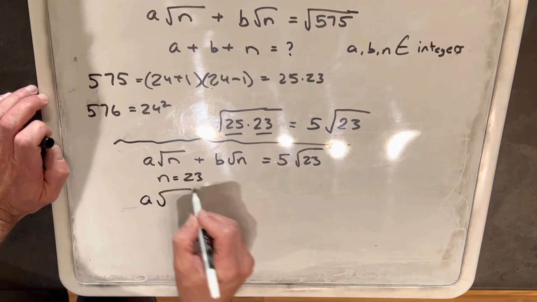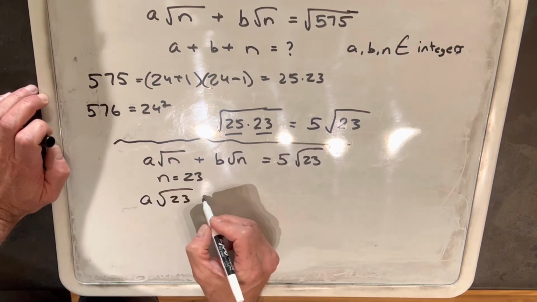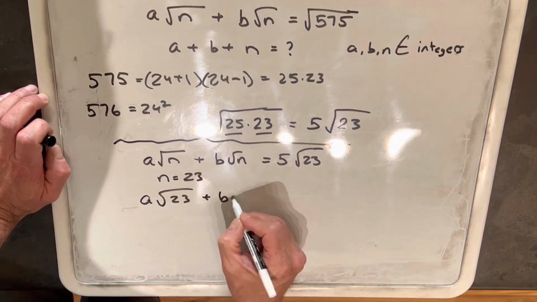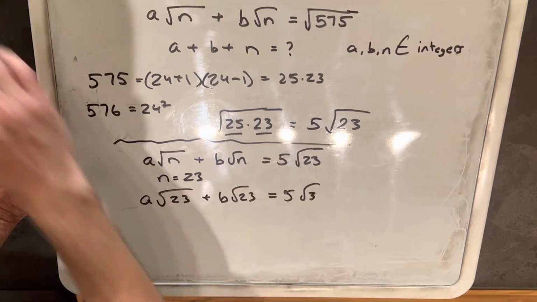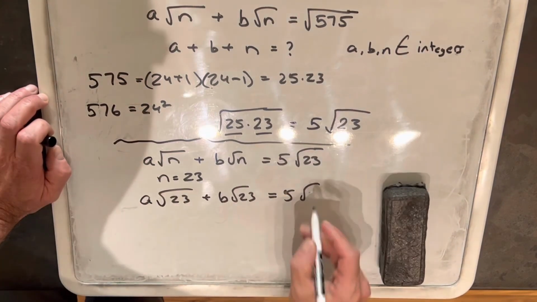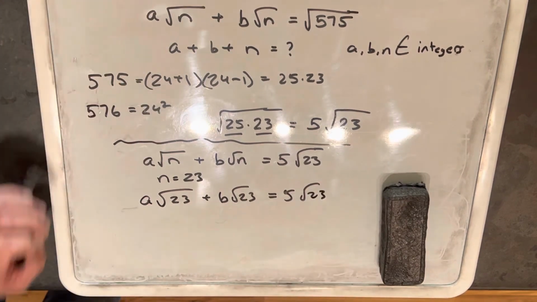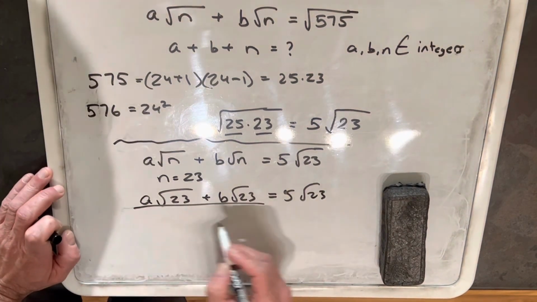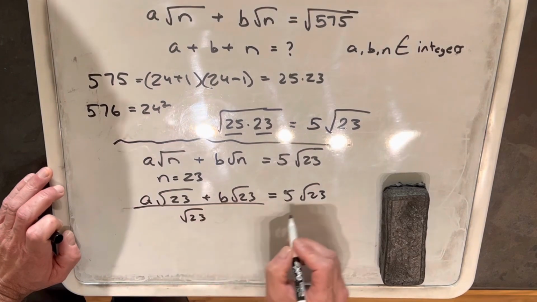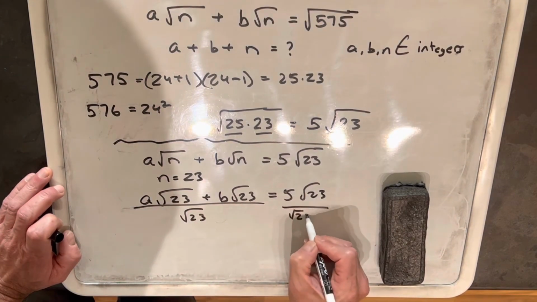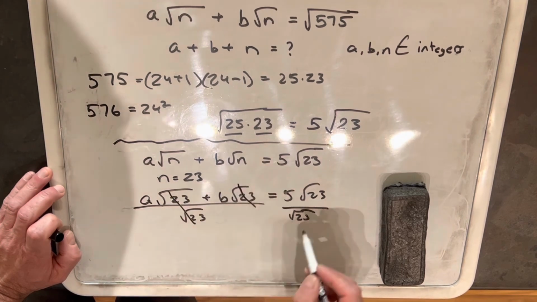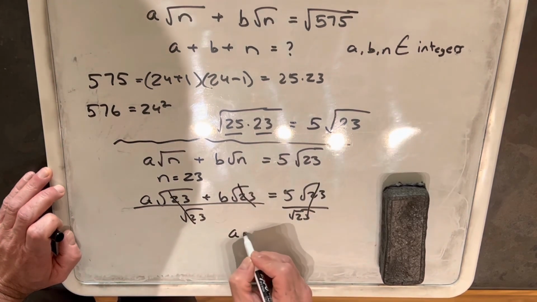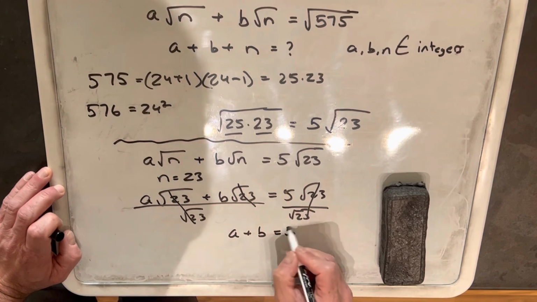So if we look at that scenario, a times square root of 23 plus b times square root of 23 equals 5 times square root of 23. Then this is going to simplify nicely if we just divide each side by square root of 23. These will cancel, and we're left with a plus b just equals 5.